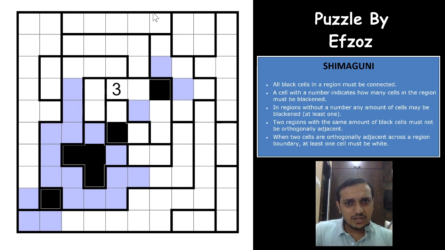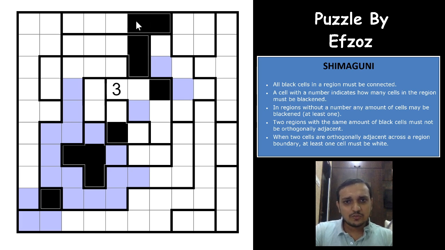And if we shade both of these cells, of course both of these cells, if shaded, cannot be kept as it is, because you cannot have one shaded cell in any of the regions, because you already have this region as one shaded cell. So both of these will have to be extended, which is not possible, because both of these extended will touch each other, right? Which means that one of these cells will have to be shaded, right?